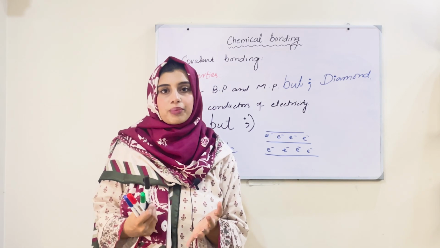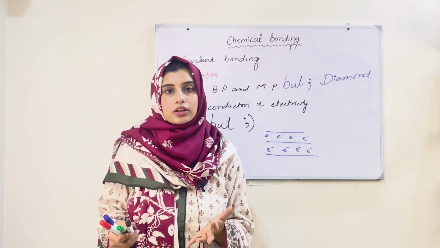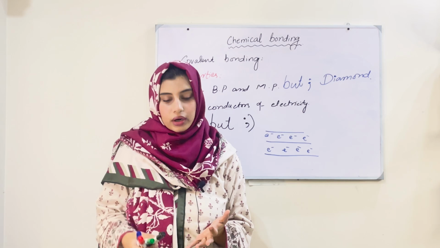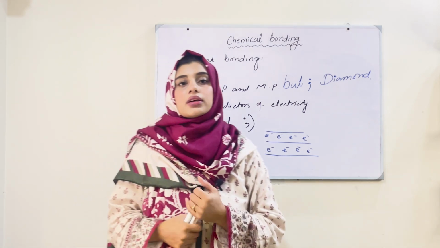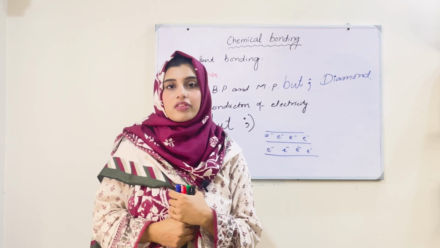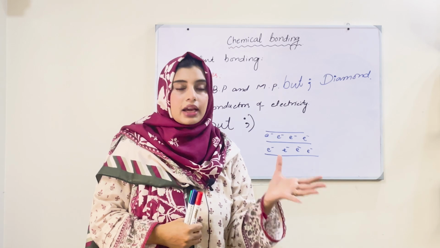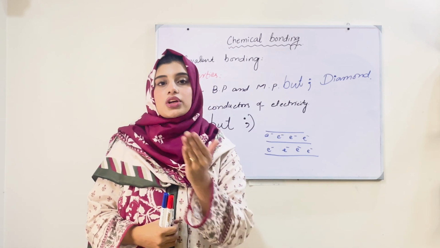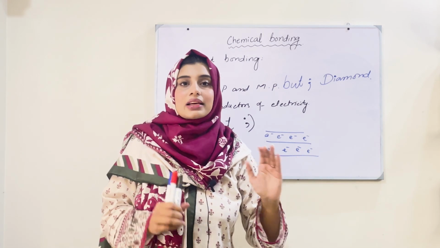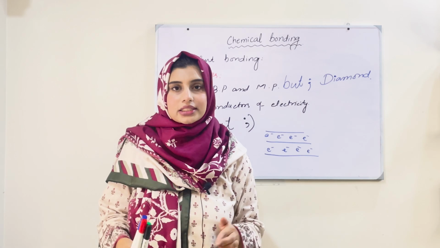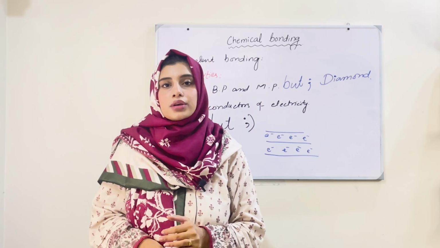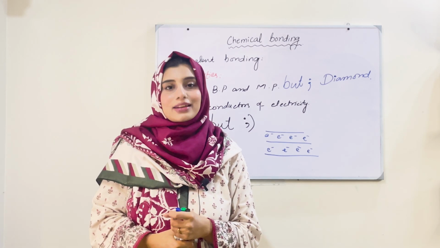Next topic will be metallic bonding, and after that the topic will be coordinate covalent bond, and after that there will be a revision lecture in which I will make a table and give it to you, in which all of the compounds will be simplified and shortlisted so that you can compare and learn all the properties of compounds clearly.